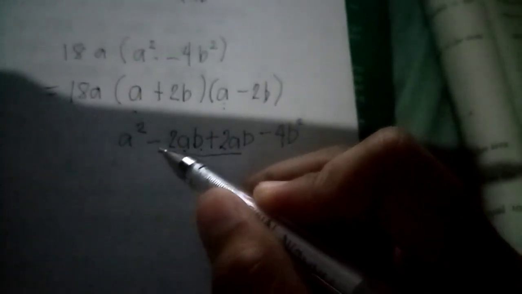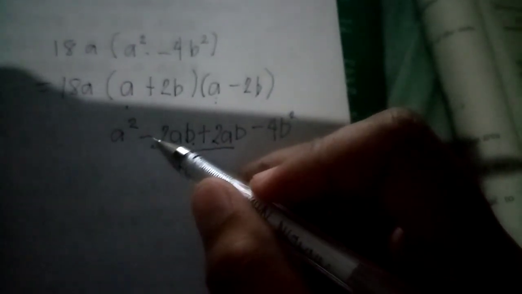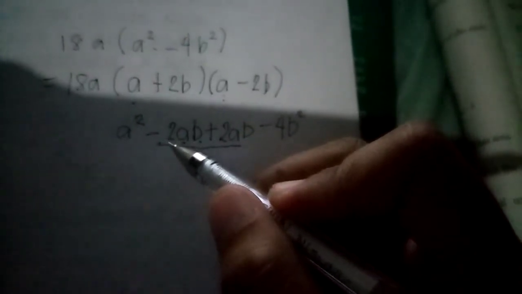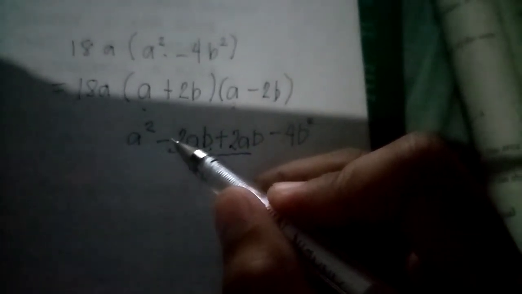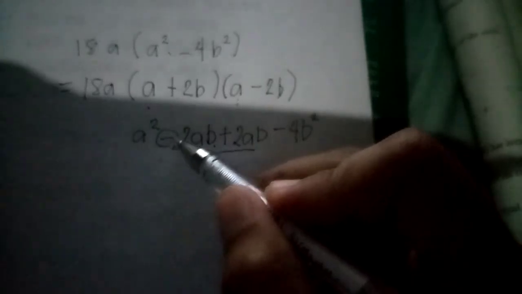Next, use the combining like terms. In combining like terms, you will see if the sign is the same or different. So, since this is different, you will cancel this.